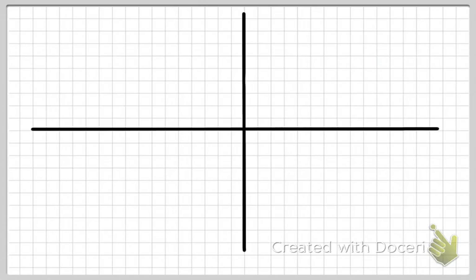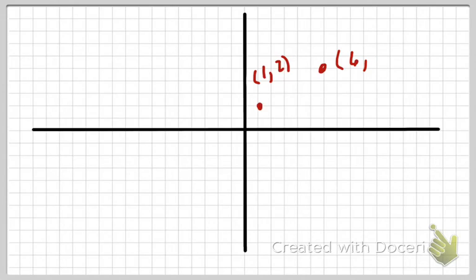Let's look at 1, 2, and let's go 3, 4, 5, 6. This should be the point 6, 5. So I'm looking at the distance between these 2 points.